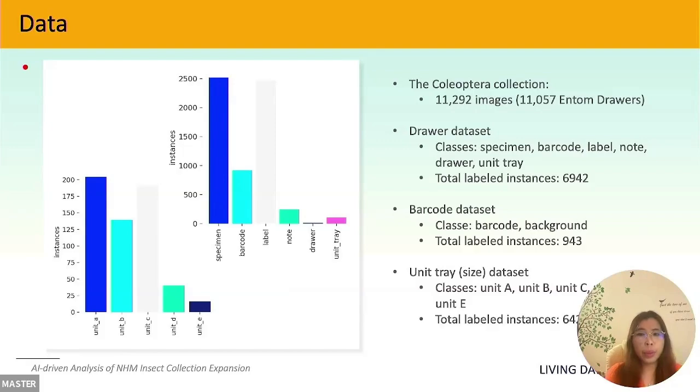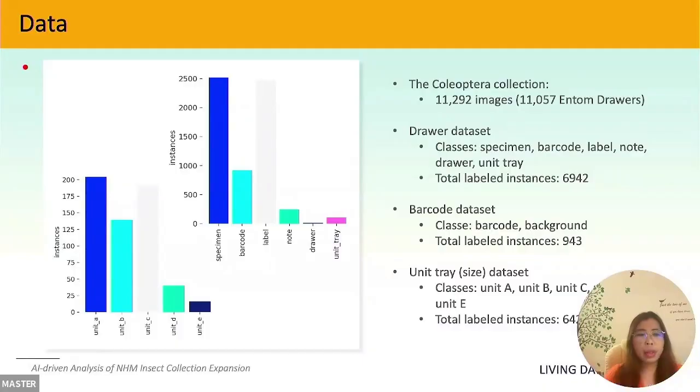I will go through the models we implemented. In this POC project, we focus on the MHM collection fraction, which covers around 11,000 drawers that we will digitize. From this dataset, we manually annotated 3 machine learning datasets for AI model training and testing. These 3 datasets include the drawer dataset, a multi-class dataset that covers specimen and drawer classes.